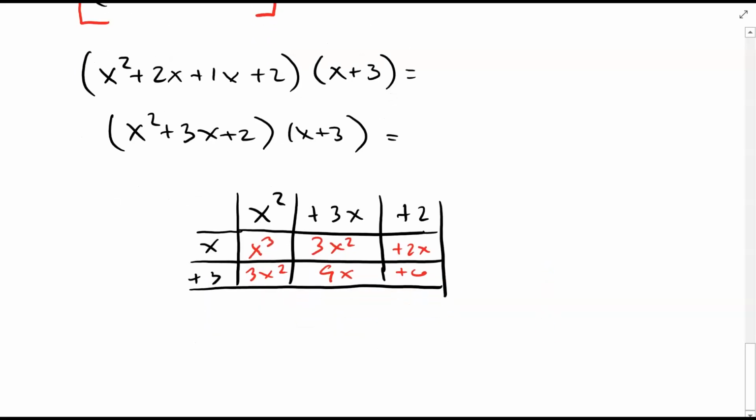Everybody kind of remember doing that? So what I can say in conclusion then is that this gives me the polynomial x cubed plus 6x squared plus 11x plus 6. Everybody agree with that?